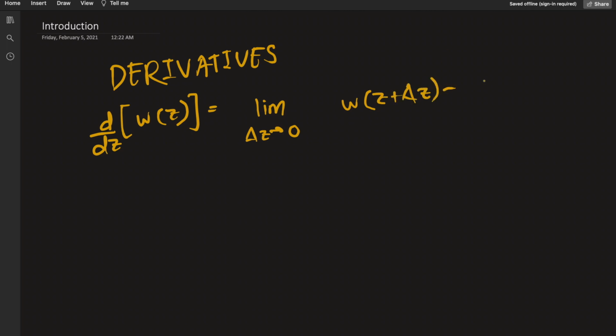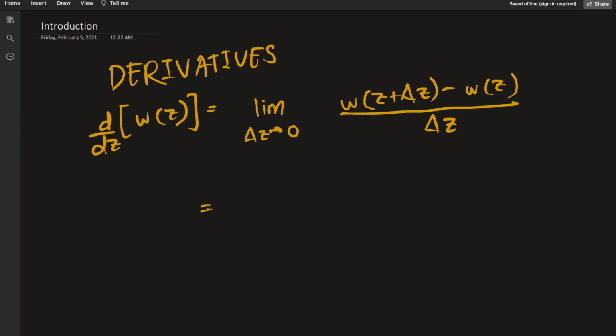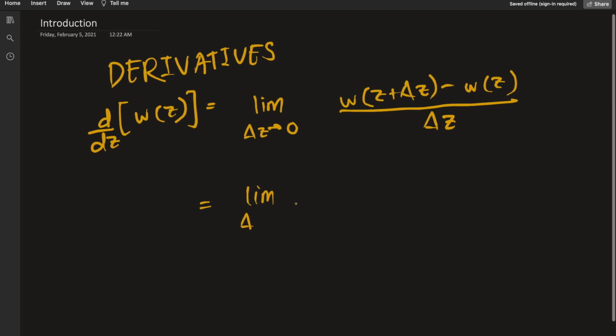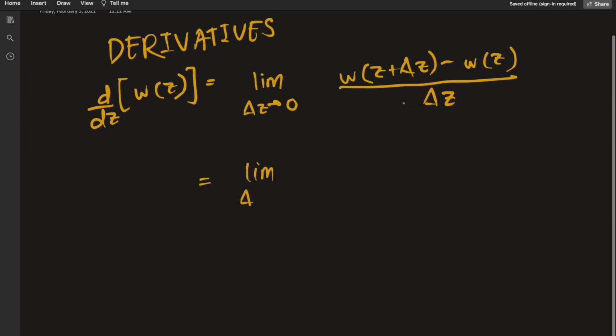I'm sure you know this from Calc 1. And you can further split the w into its respective functions u and v.